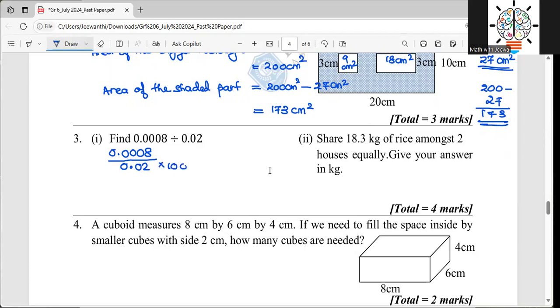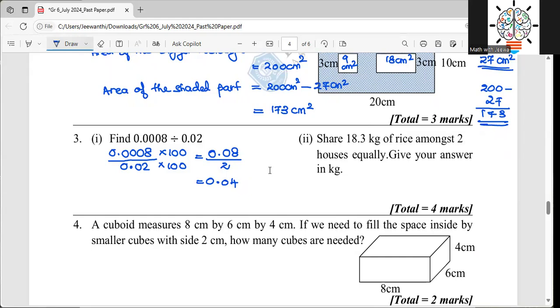Therefore, I multiply this by 100 and I multiply this also by 100. So then the answer will be 0.08. And here that becomes 2. 8 when you divide by 2, what is the answer, children? It is 4. 0.08 divided by 2, the answer will be 0.04, right? So first you write this as a fraction, 0.0008 by 0.02.